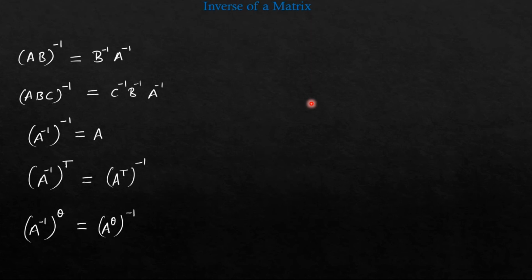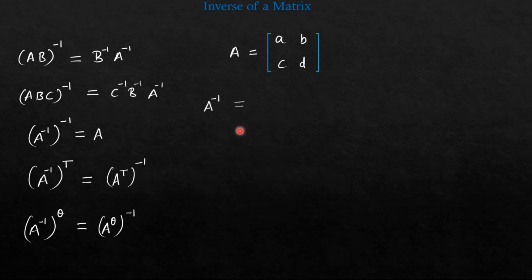And the next is the most important. When you have a 2 by 2 matrix, then the inverse is very simple. Suppose you have been given a matrix A whose elements are a, b, c, d. It is a 2 by 2 matrix. Then calculating inverse is very simple. Okay, we have a shortcut for that. What is that?